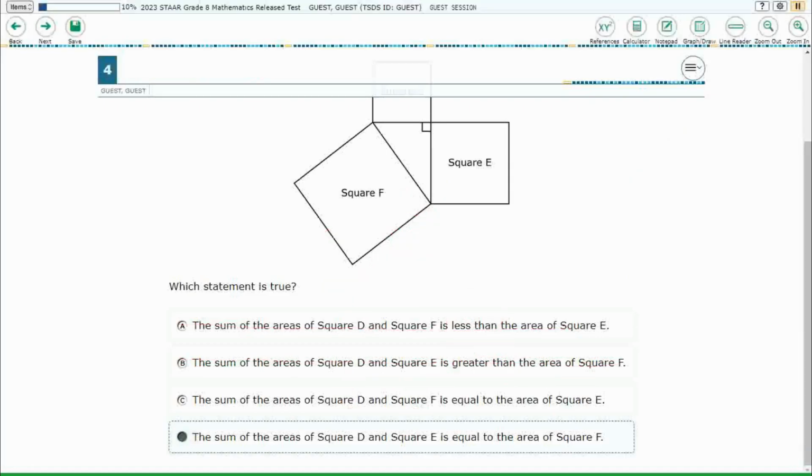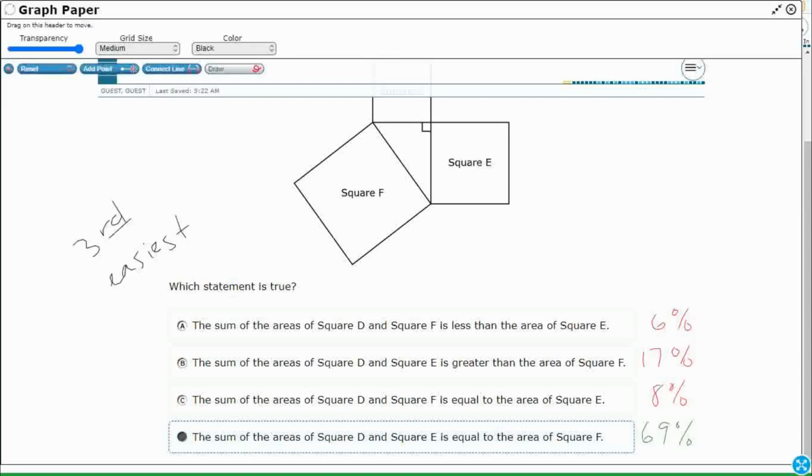Let's see how we did across the state of Texas. So this was the 3rd easiest. You see, we had 69% of our students get it correct, almost 70%. But take a look at the number 1 incorrect answer. 17%, almost 20% of the students chose B. Now, why would they choose B?